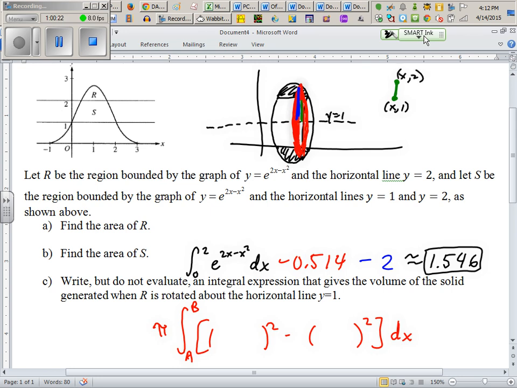So how long is this green segment? 1. It doesn't matter where I slice it. So little r is 1. Doesn't matter where you slice, that inner radius will always be 1 because it's cylindrical over there down the center.